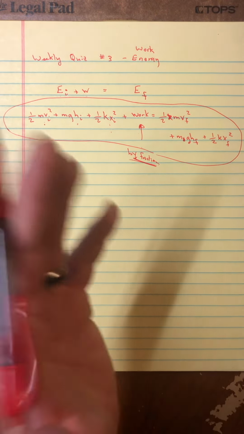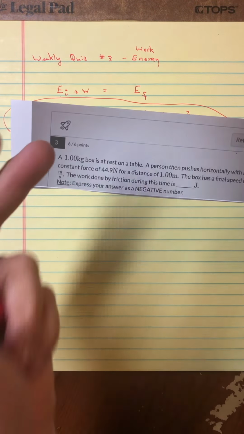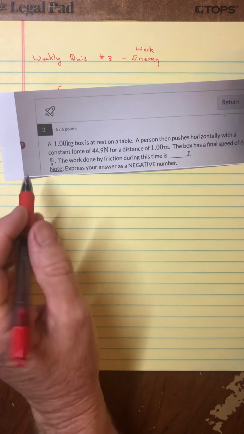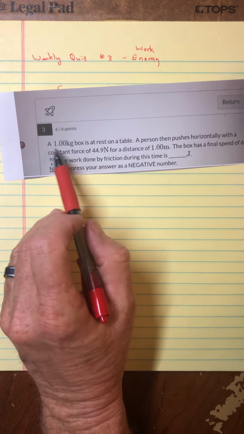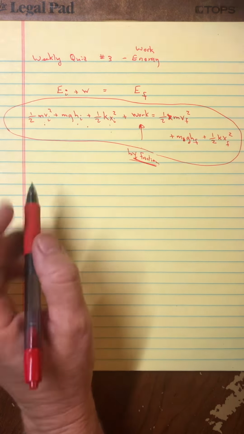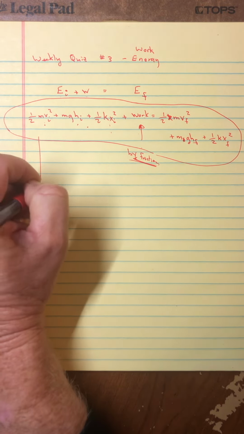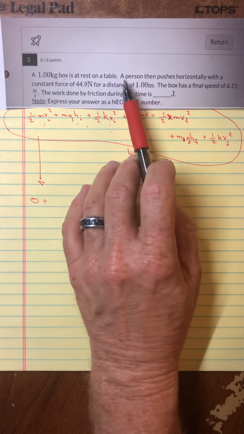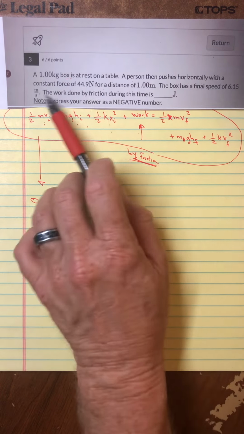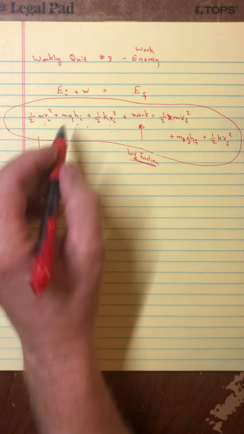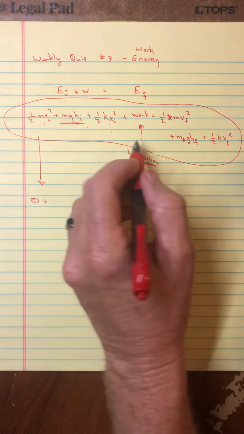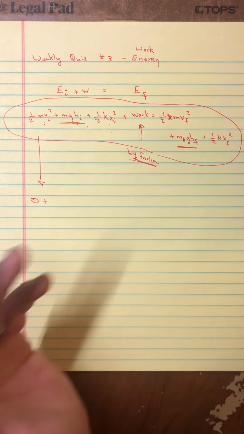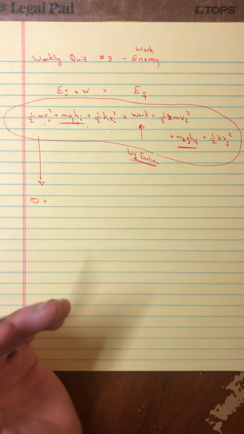So let me apply this idea to this problem, because on this particular problem, we have a 1 kilogram block at rest. And so the first thing I would do is to say 0 kinetic energy at the beginning. Now later on here, it says it's pushed on a horizontal table. So that would mean this term and this term don't change. The height doesn't increase or decrease.